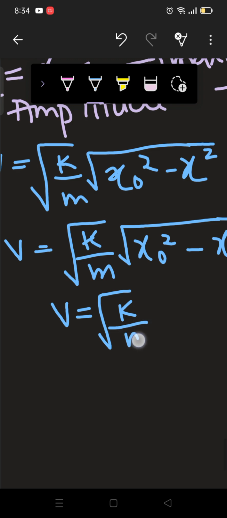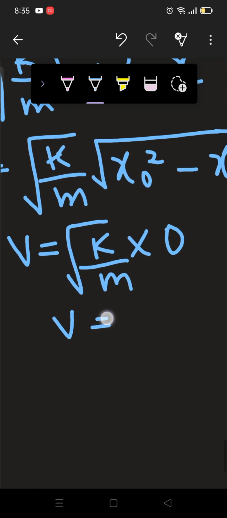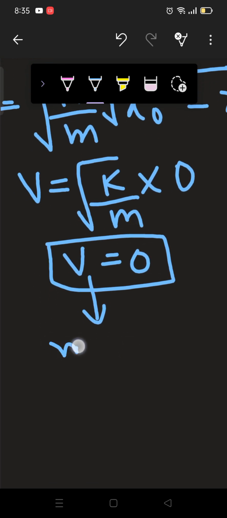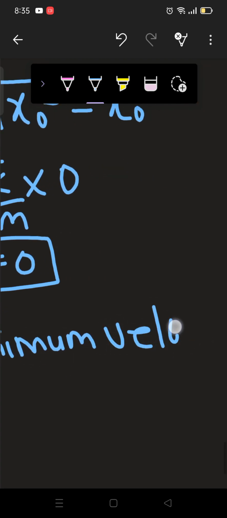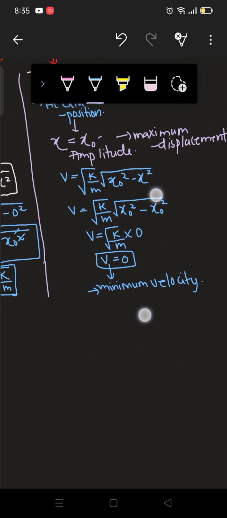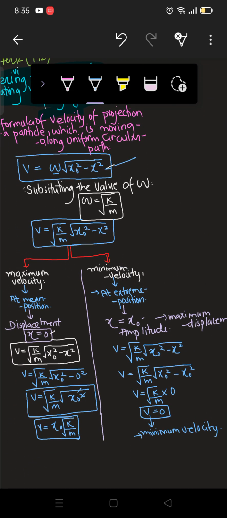So k over m into 0, where the entire factor equals 0, and this is what we found as our minimum velocity. So our minimum velocity is always equal to 0, and our maximum velocity is x naught into under root k over m. So today we have found the maximum and minimum velocity of the motion under elastic restoring force, or Hooke's law, or mass spring system as well.